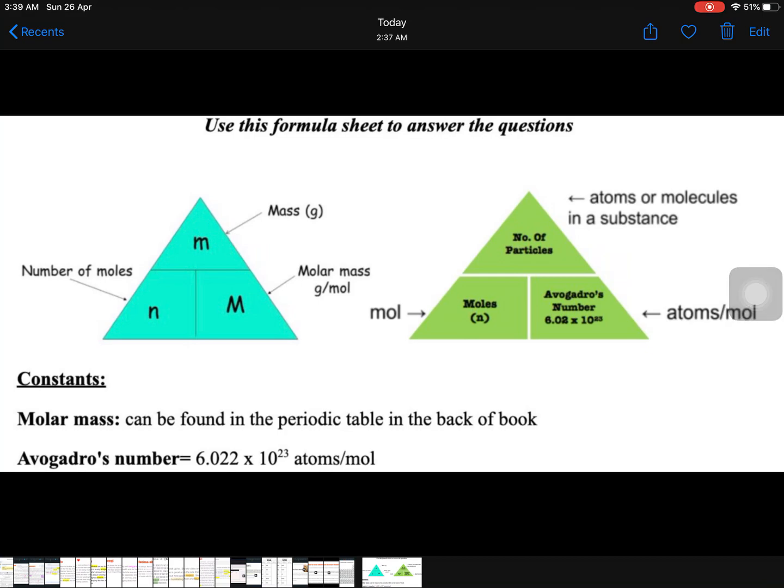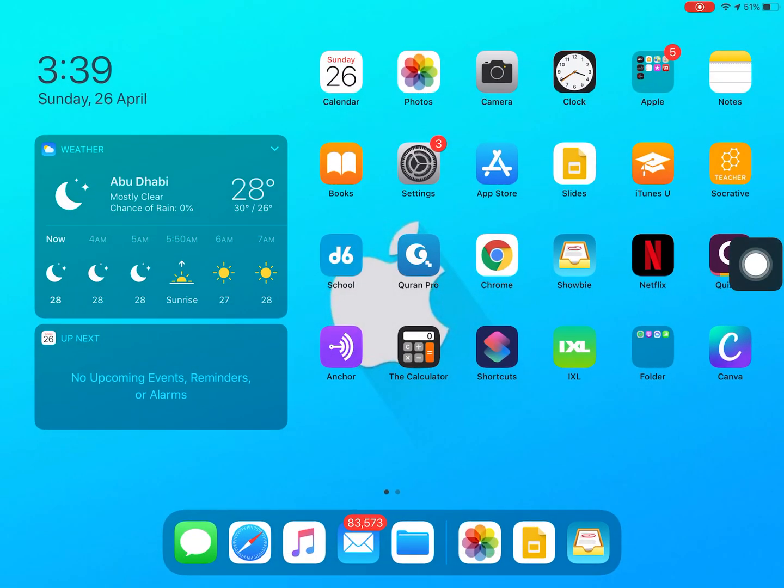We can be talking about the number of elements, or the number of molecules or compounds. Whatever the situation is, it doesn't really matter. This triangle can be used whether we're talking about elements or compounds. All right, so I can see here that moles equals the number of particles divided by Avogadro's number.